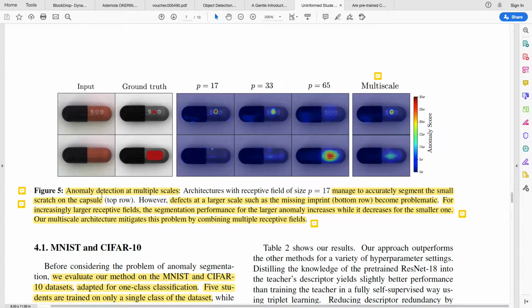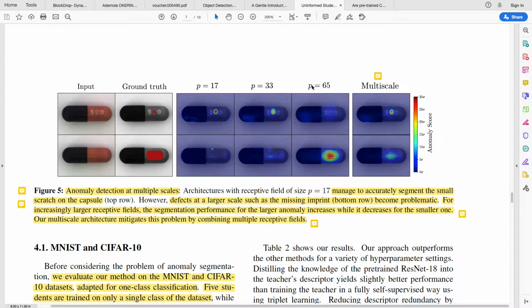So this is an anomaly detection at multiple scales. In this figure, they discovered that when the receptive field is very small, it is good at detecting smaller anomalies like this, but it is bad in detecting bigger anomalies like this, as you can see here.